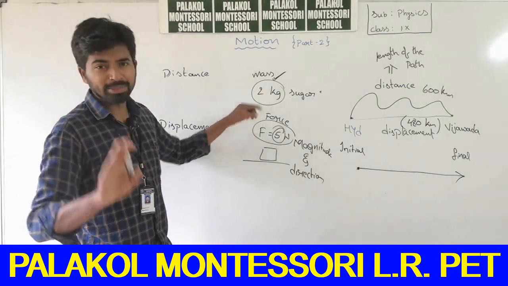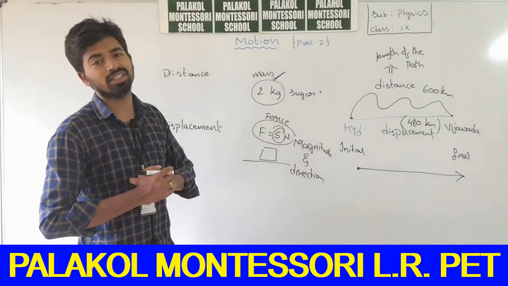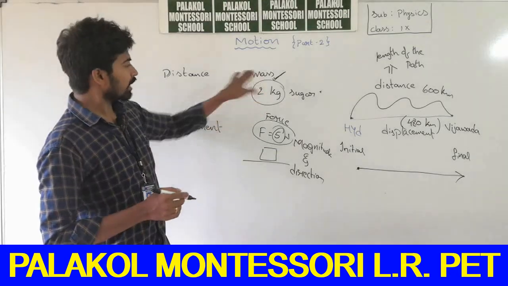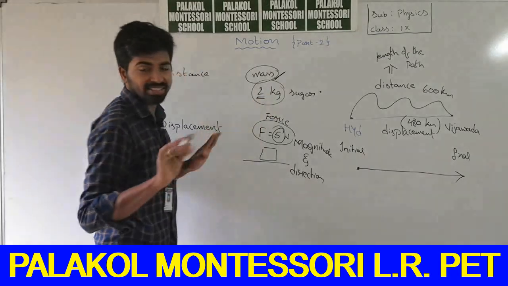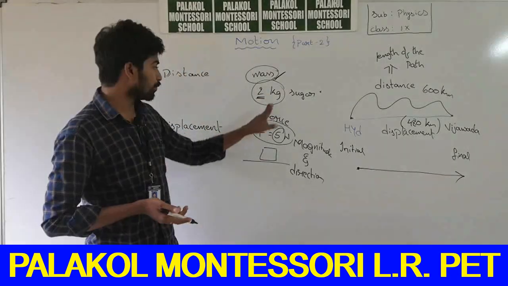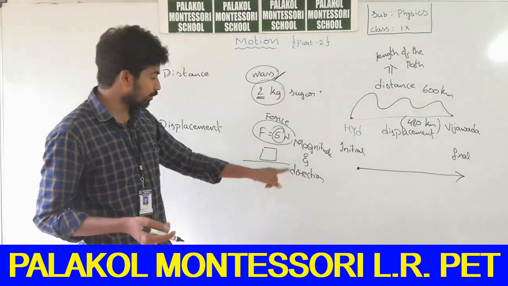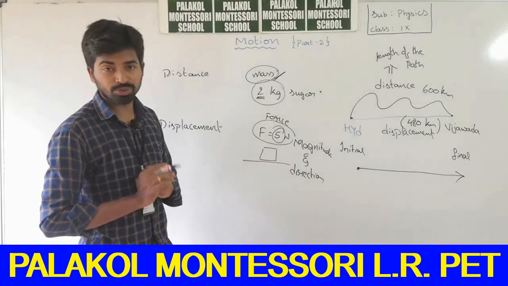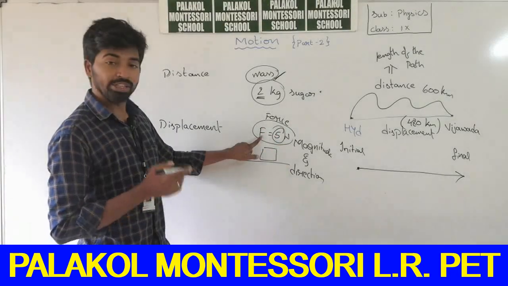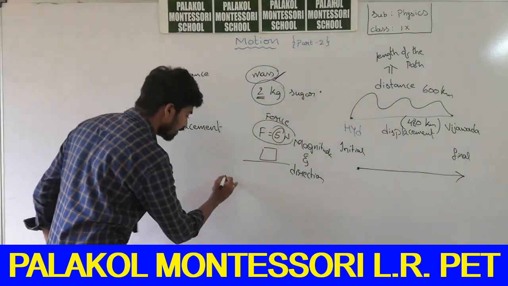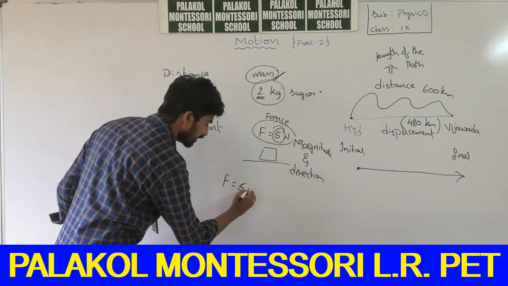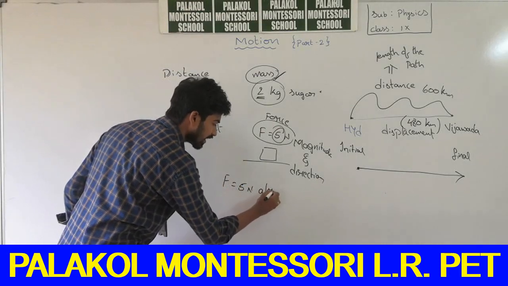For mass, speaking about direction is meaningless, as it has only magnitude. Magnitude means number with unit. 2 kgs is magnitude, 5 newtons is magnitude. What is meant by force? 5 newtons of force along positive x axis. You can say this force as F is equal to 5 newtons along positive x axis.